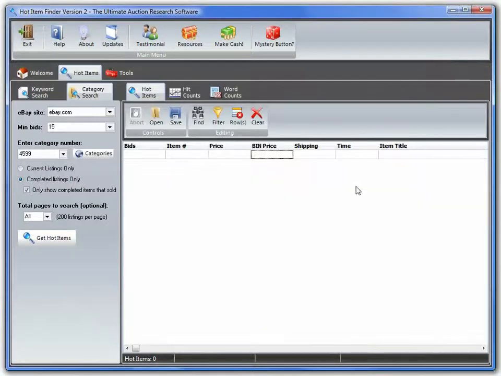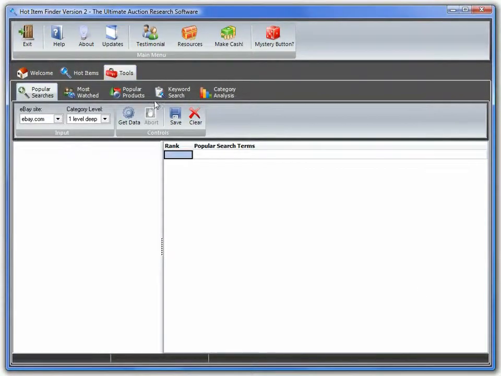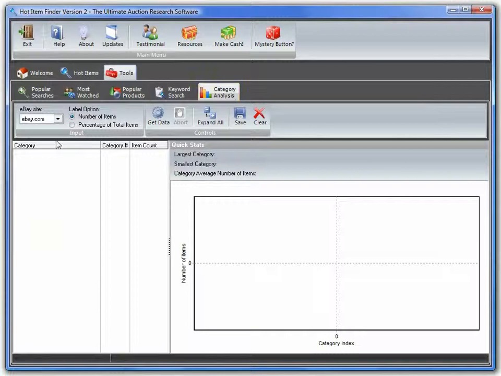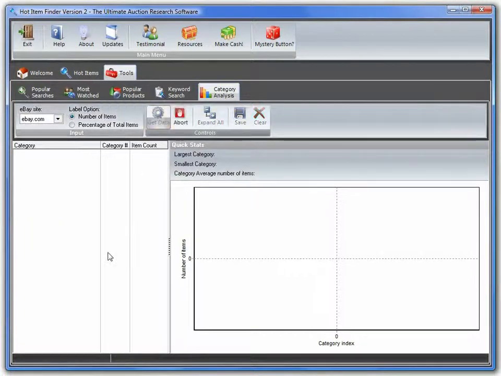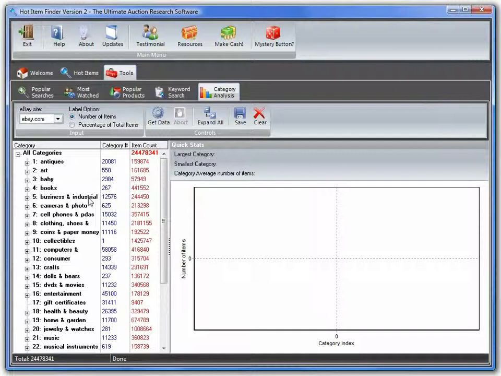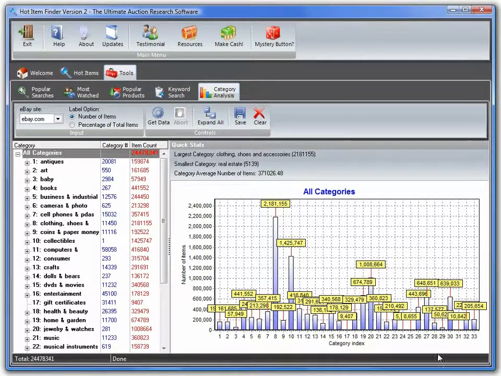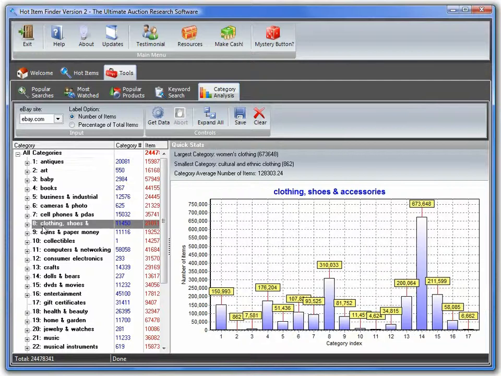I know I'm going to jump ahead here, but in the tools, category analysis, eBay.com, if I click this button, it gets all of the total number of items per category, and you've got the graph here. This one here, 8, corresponds to 8, which is clothes, shoes, and accessories.